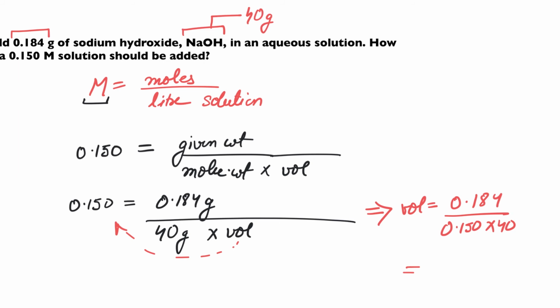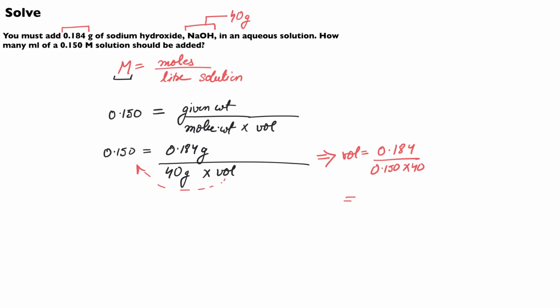That comes out to be 0.03066. So if you round it off and write it in significant figures, you get approximately 3 into 10 to the power minus 2 liters.